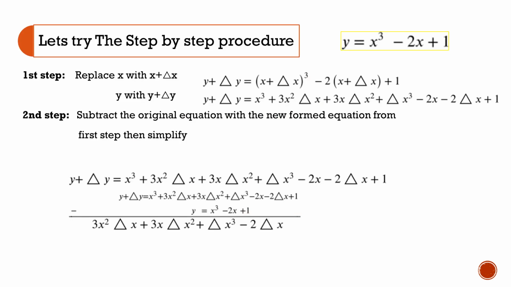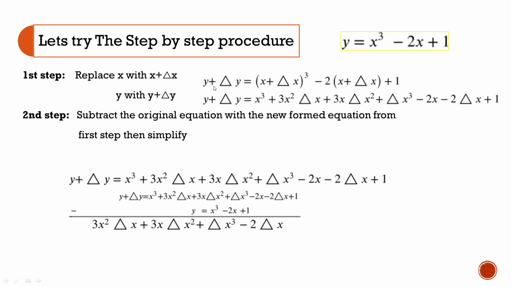Okay, so let us now try the step-by-step procedure. From the equation y is equal to x cubed minus 2x plus 1, the first step is to replace x with x plus delta x and y with y plus delta y.